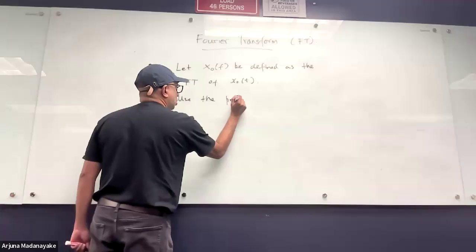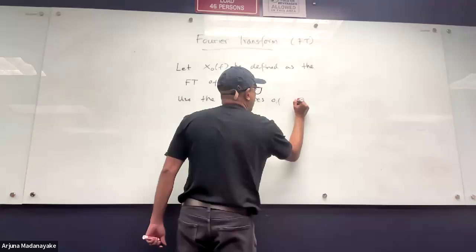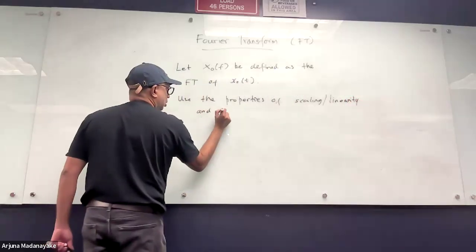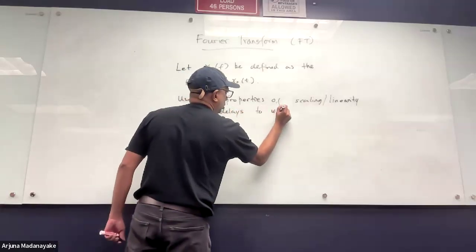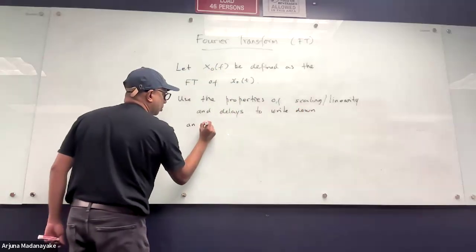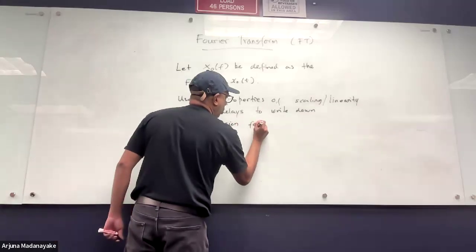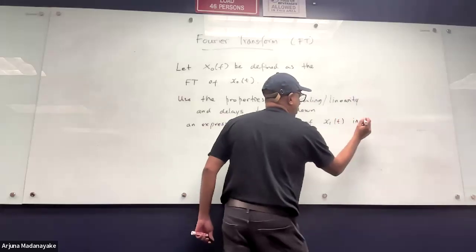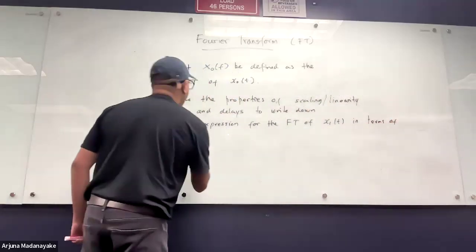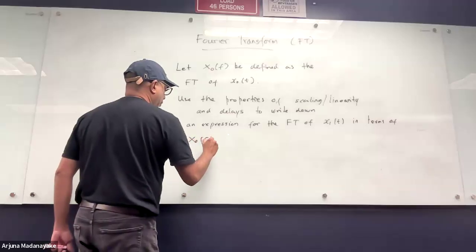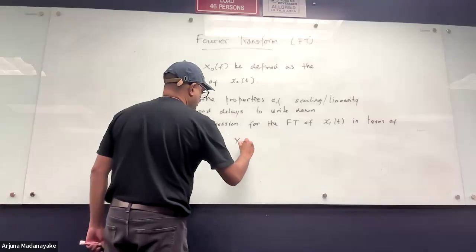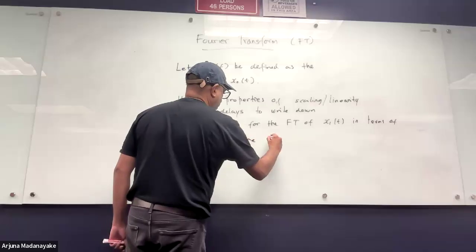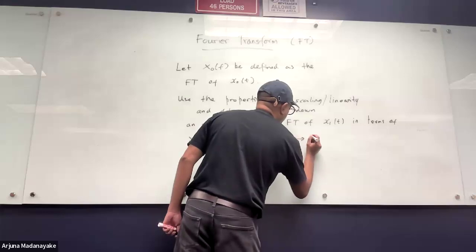Use the properties of scaling or linearity and delays to write down an expression for the Fourier transform of x1 of t in terms of capital X0 of f, where capital X0 of f and x0 of t are a Fourier transform pair.